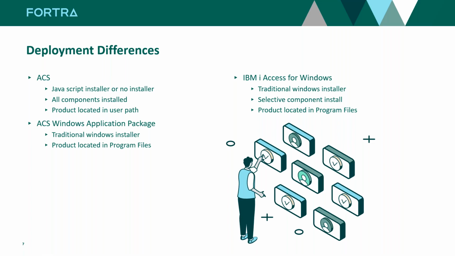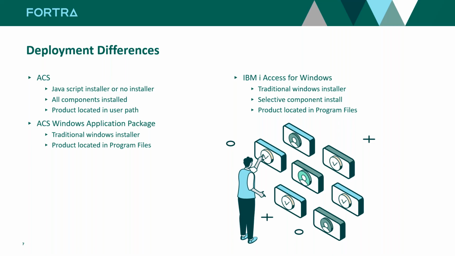And all of the components are installed, so all the functions are available to the user. They're not restricted by the installer. And the product is actually located in a user path, and that's either in public or in the individual user's path.